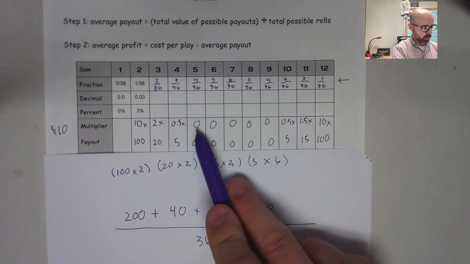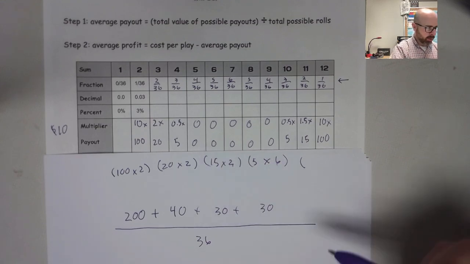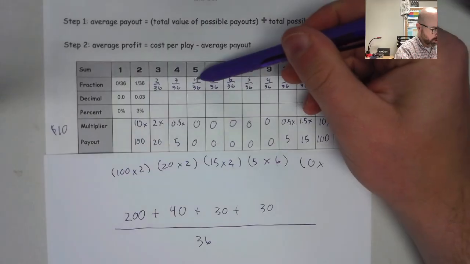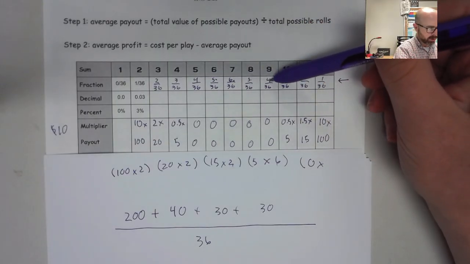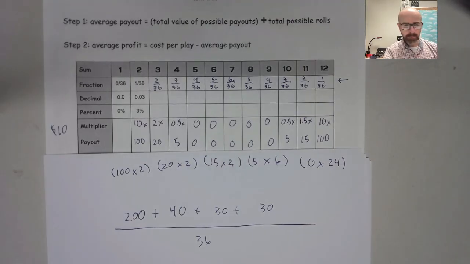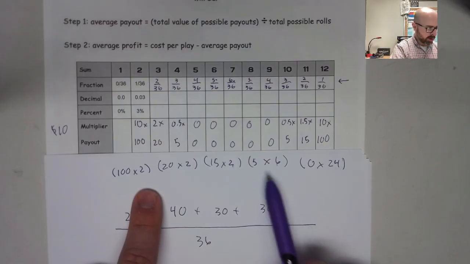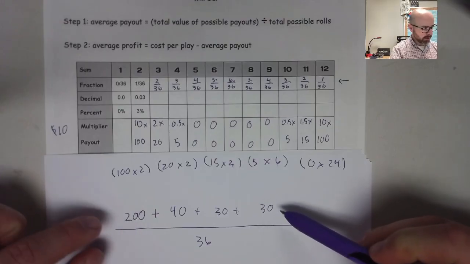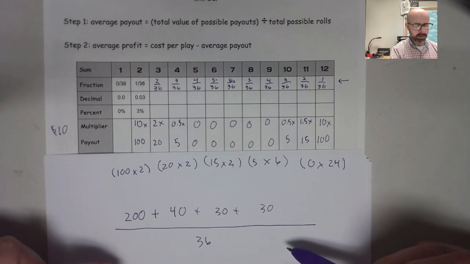And then there's a bunch of zeros. How many ways are there to get a $0 payout? Well, there's 4, 9, 15, 20, 24. There's 24 ways to get a $0 payout. All this should add up to 36. 24 plus 6 is 30, 32, 34, 36. Awesome. So this is my possible dollar payouts over my total possible rolls.